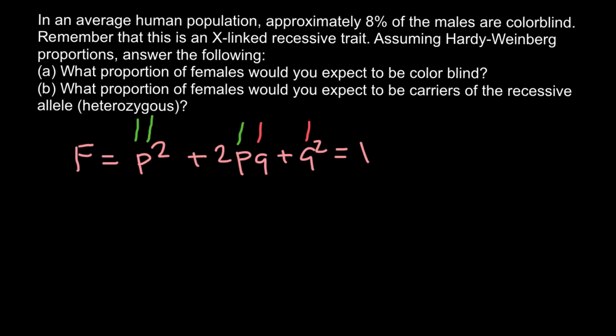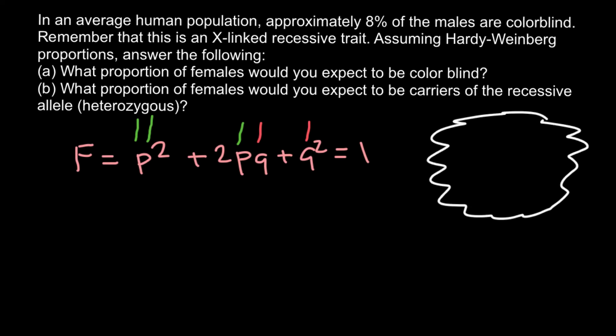If we are told that 8% of the males would be affected with this genetic disorder, imagine this is like a cloud, and this is the gene pool. In this gene pool we would have normal X chromosomes, and we may also find an X chromosome that is going to be defective. And this defective X chromosome, when inherited by a male, would manifest itself as a genetic disorder.